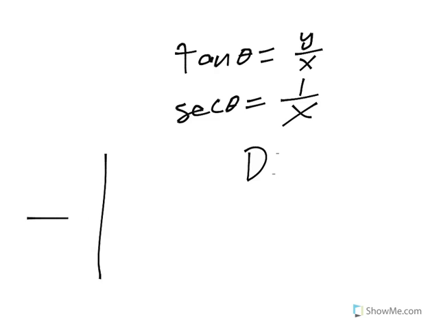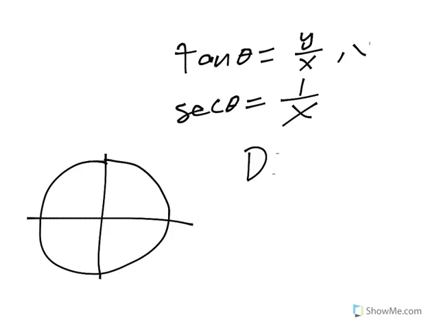And once again, the thing I have to look at is what makes the denominator 0? It's x, it's in the denominators of these, so it's that x cannot be 0. Just like before, y couldn't be 0. Now x can't be 0. So now I'm thinking, where on the unit circle is x equal to 0? And it's there or there.